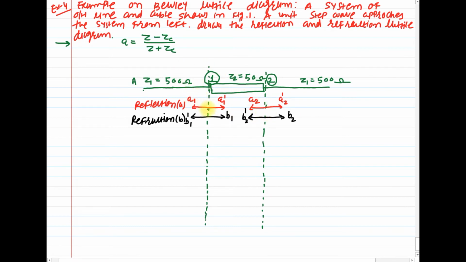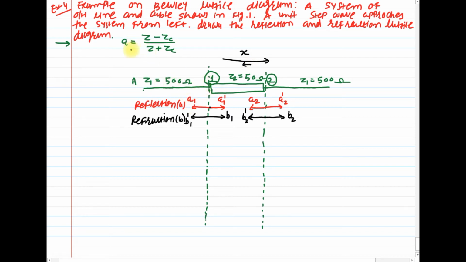How? Because A1 and A2 are at the opposite side of the distance. If I consider that the wave is traveling from left to right and the direction of this transmission line is increased, x is increased from the left to right, then A1 and A2 will be in the negative direction of x.